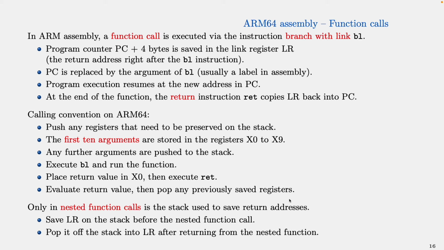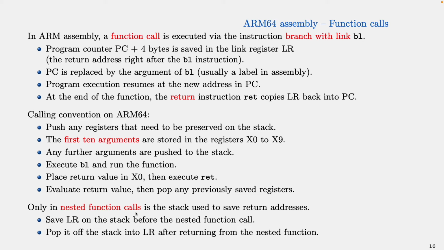Now on x64 we're used to using the stack to save the instruction pointer with our return address, and here we only need the stack when we have nested function calls. So assume we're using branch with link to call a first function, and then within that function we call another function.